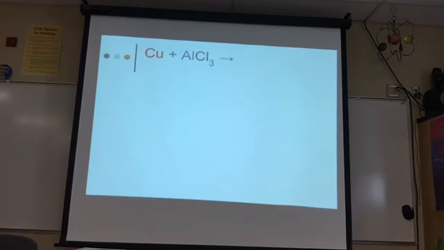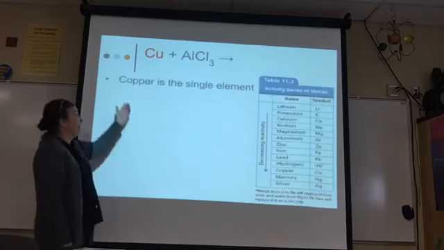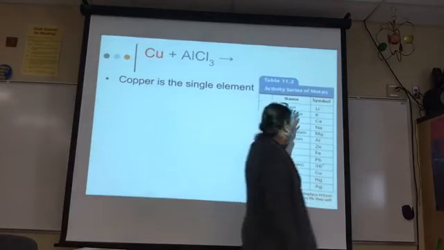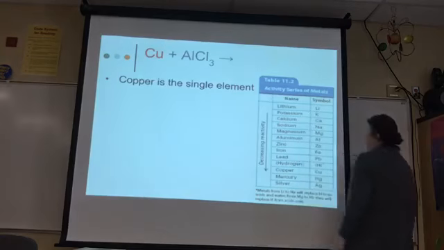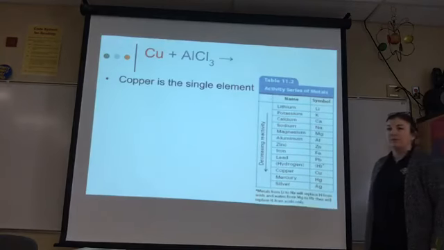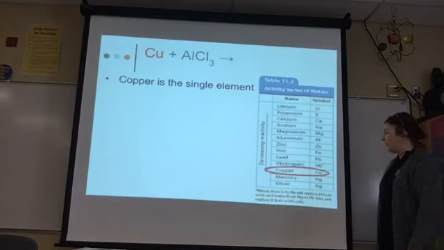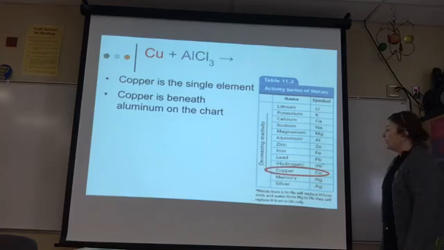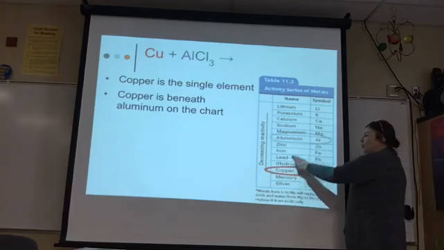Before I can do anything else, I say, okay, copper is a single element. I find that single element on my activity series of metals. Where is copper? Down towards the bottom. Copper is beneath aluminum on this chart.